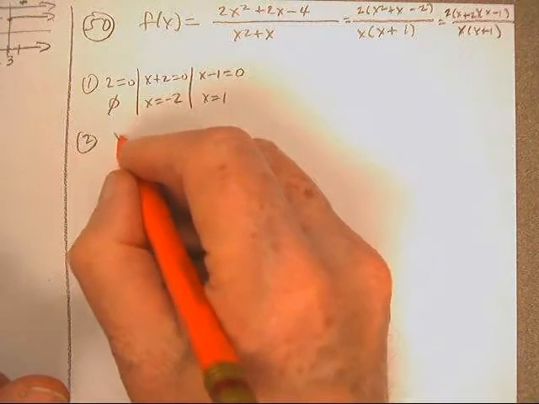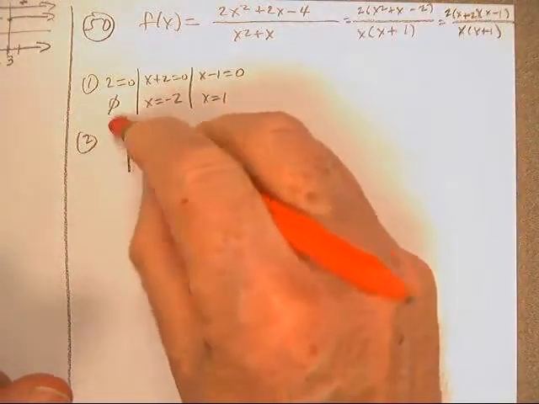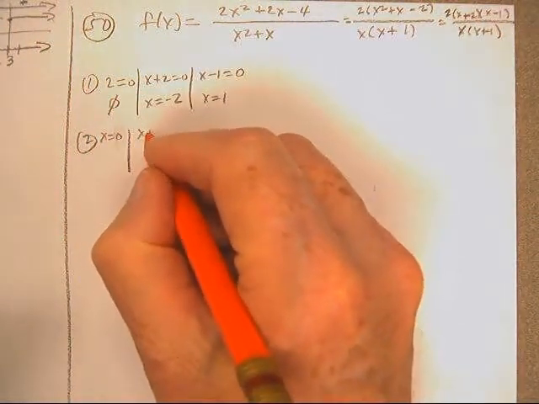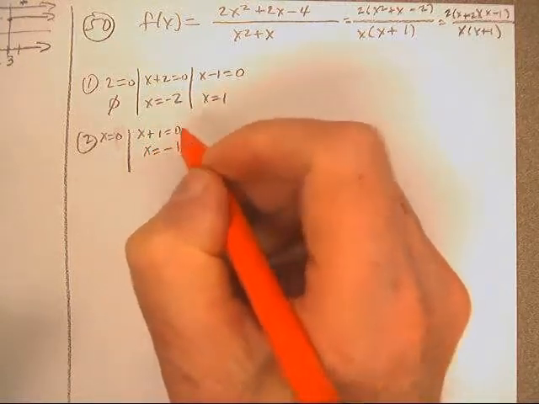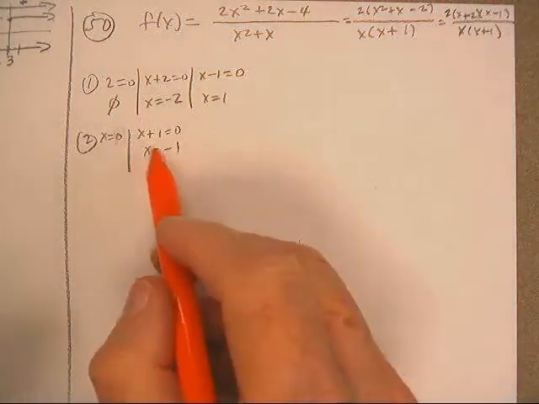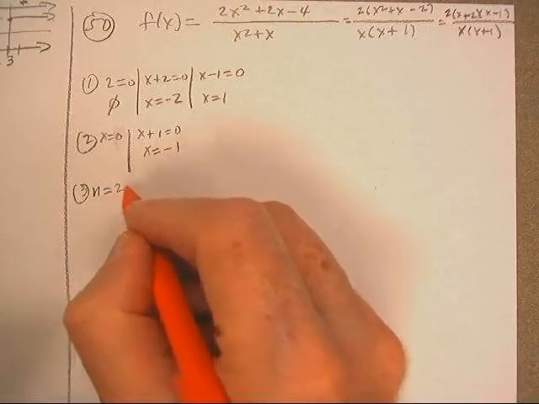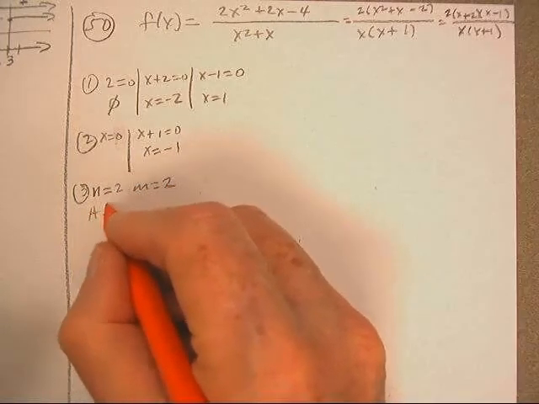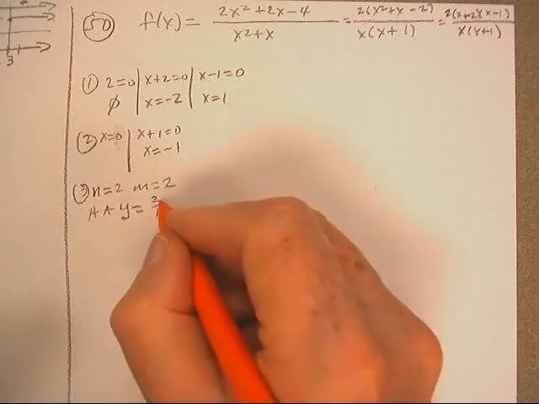Then on the second one, on the number 2, take the bottom and both factors. Okay, so I got 2 vertical asymptotes. On 3, the degree of the top is 2, the degree of the bottom is 2. So the horizontal asymptote, the ratio of leading coefficients, that's 2 over 1, or 2.